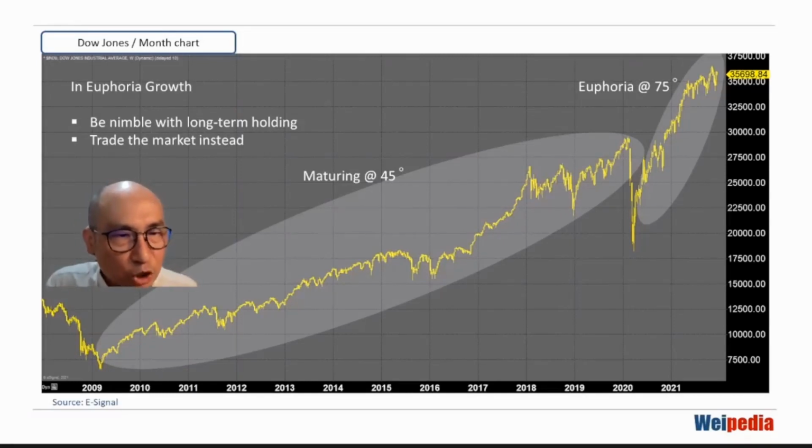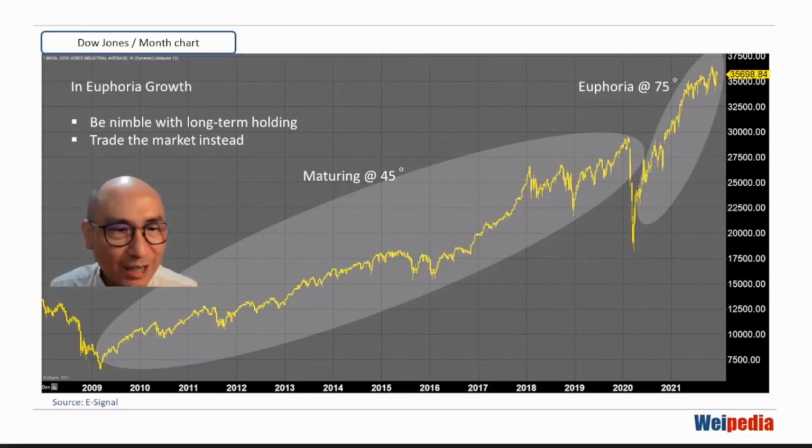So in short, if you look at my first point here, in euphoric growth, as a long-term investor, I will have to be very nimble with my investment. It means that I cannot leave any room for laziness, whereby I say it's okay, the US market will always go up, it's just part of the volatility, and if it comes down, it will surely go up again. I do not want to entertain this thought.